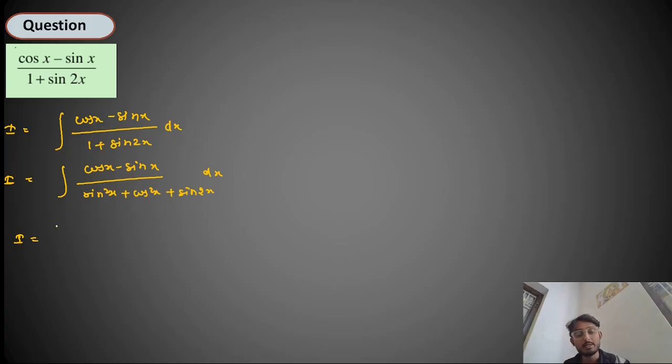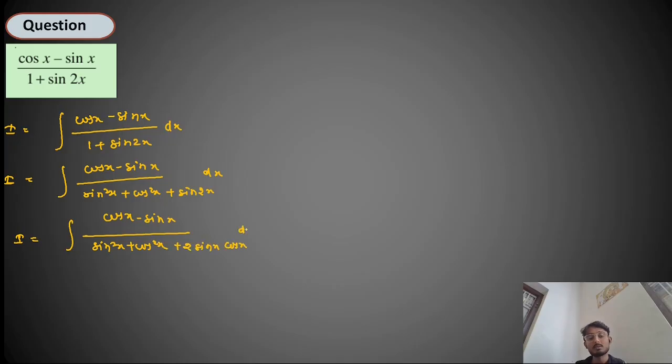Do you know the identity of sin 2x? Sin 2x equal to 2 sin x cos x, so cos x minus sin x upon sin square x plus cos square x plus 2 sin x cos x dx.